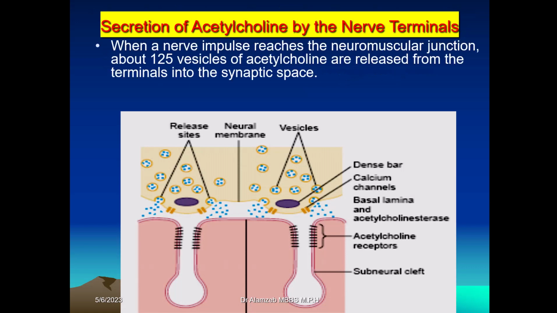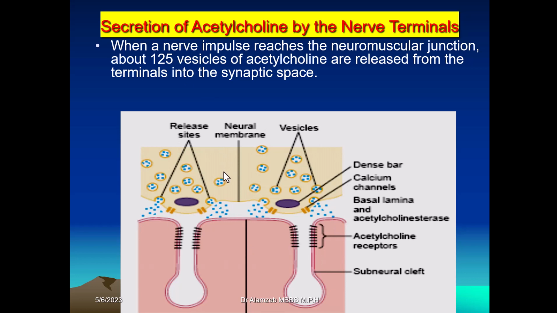Now secretion: when a nerve impulse reaches the neuromuscular junction, about 125 vesicles of acetylcholine are released from the terminal into the synaptic space. This is the neuromuscular junction, you can see, and this is the neuron terminal.